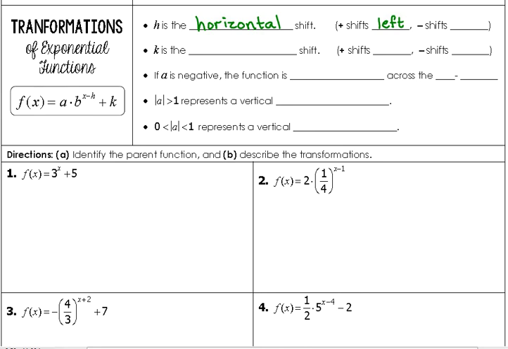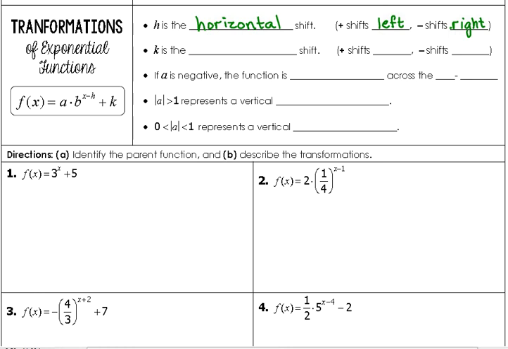And a minus is going to shift you to the right. Okay, so it's backwards. I know it's a little confusing. The reality is you can look at the graph. So it's really not that bad, but I just want to establish it with this first.